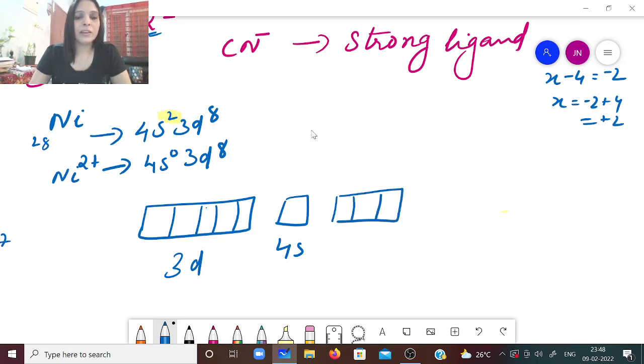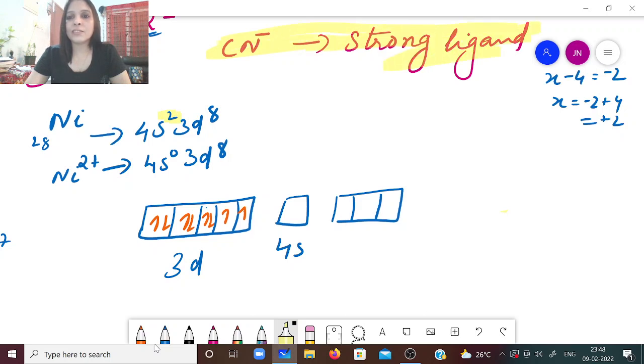Now 3d8, according to Hund's rule of maximum multiplicity, I can write 1, 2, 3, 4, 5, 6, 7, 8. Clear?